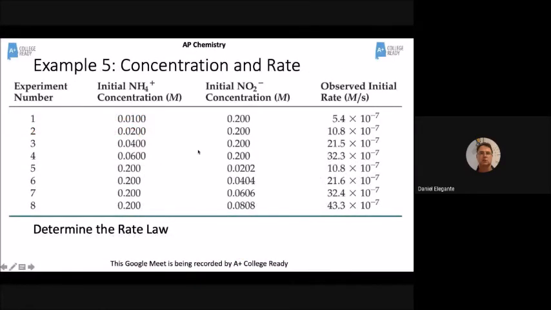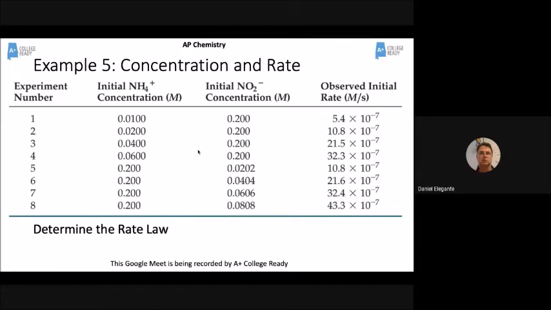Right? So look at this and see if you can find 2 experiments where NH4 changes and NO2 doesn't. Or maybe you can find 2 NO2s where it changes, but the NH4 doesn't. All right?